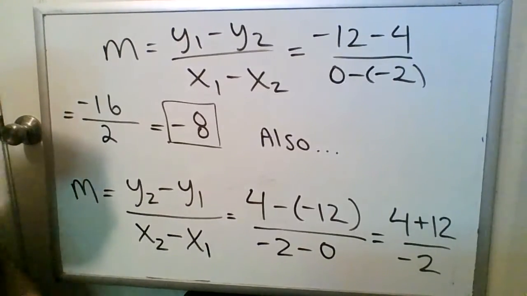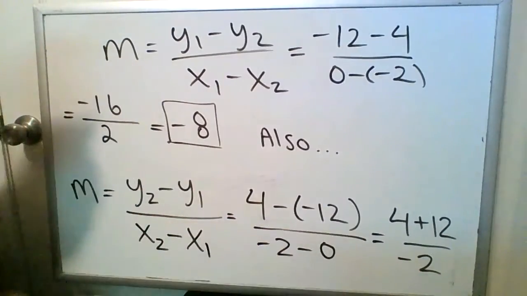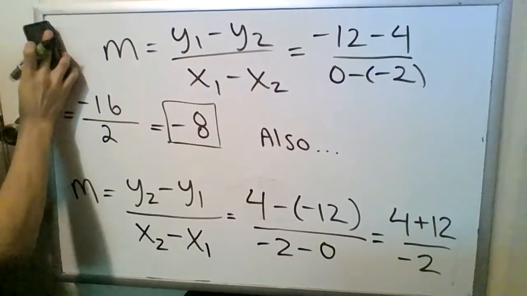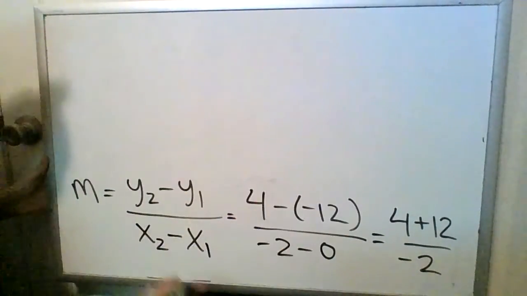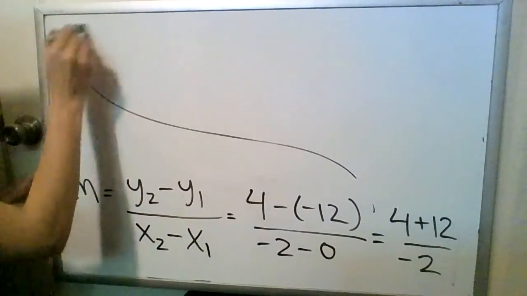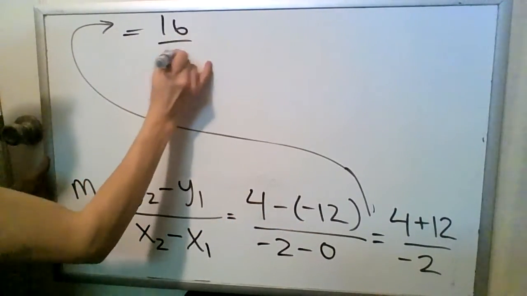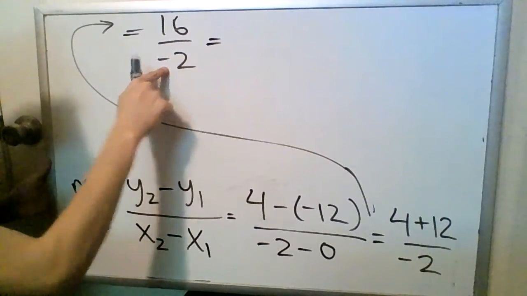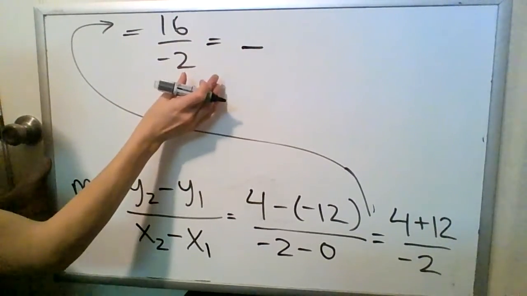And that's going to be 16 divided by negative 2. There's this negative sign in the denominator, which makes this whole number negative. And then 16 divided by 2 is 8.